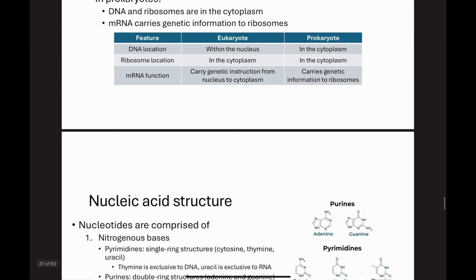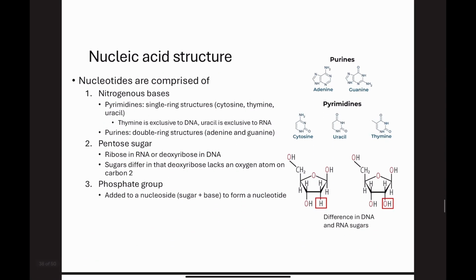So the structure of nucleic acids is a polymer that is made up of nucleotide monomers, which are organized as polynucleotides. Each nucleotide is going to consist of 3 parts: a nitrogenous base, a pentose sugar, and a phosphate group. And for our nitrogenous bases, we have 2 different types.